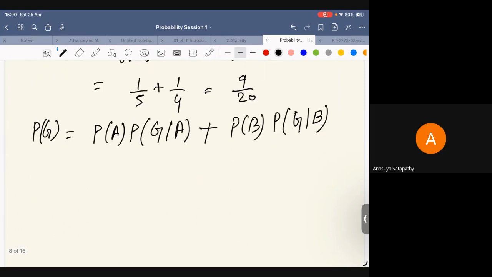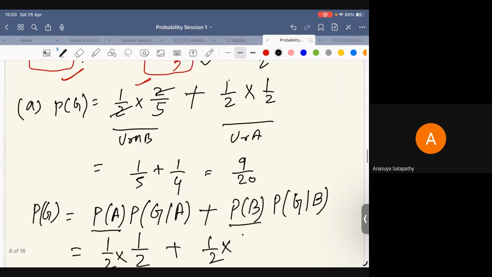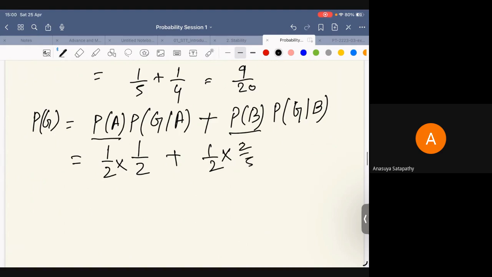Yes. Now just put everything in. What is the probability of choosing urn A? 1 by 2. Green ball in urn A, 1 by 2, plus urn B is 1 by 2. What is the probability of getting a green ball in urn B? It is 2 over 5. Which is equal to 9 by 20.